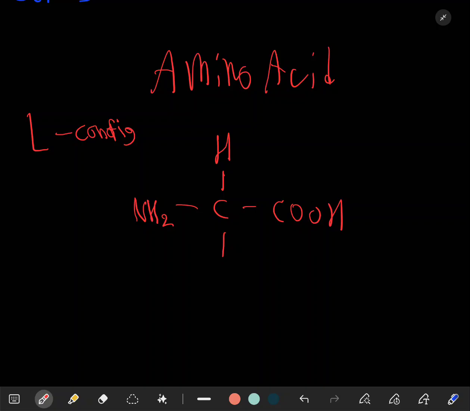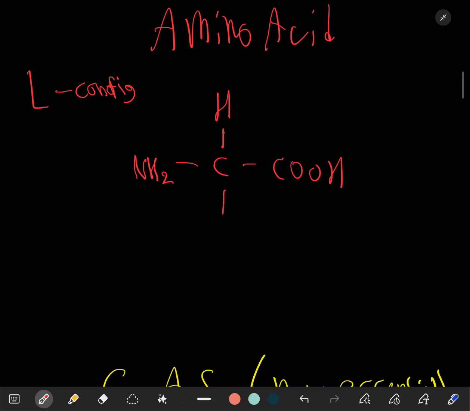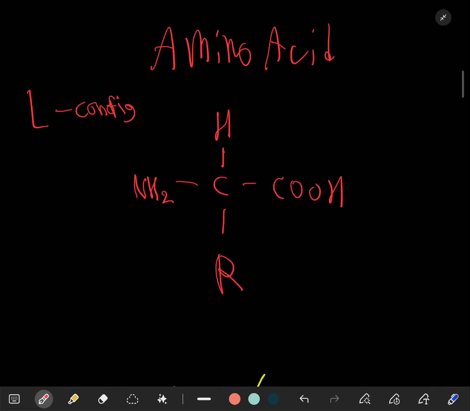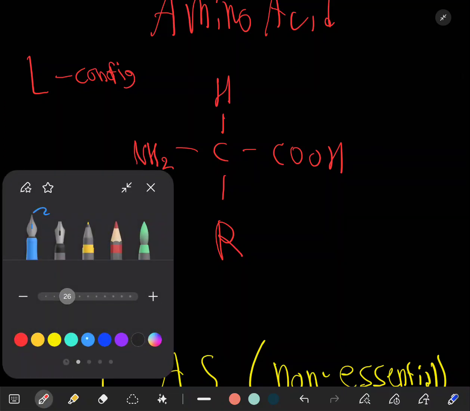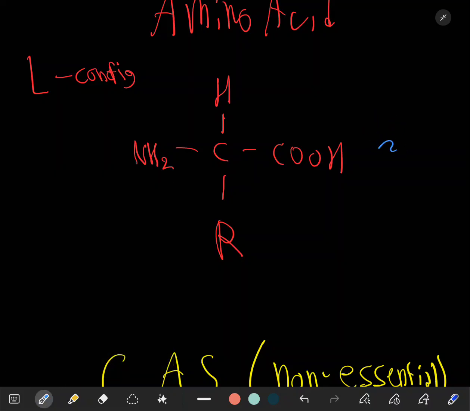This is why L, and all the amino acids also show the S configuration from the RS configuration we study in organic chemistry. Following this we get this R group. These three are the same in all of the amino acids, except we have an exception here, which is our only secondary amino acid, also known as proline.